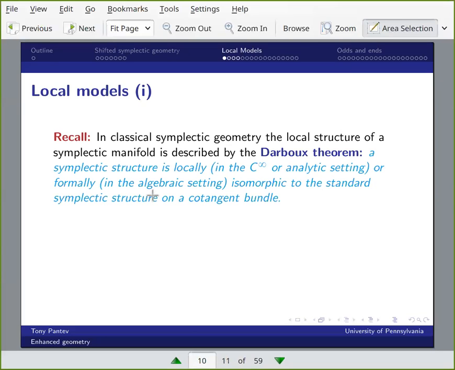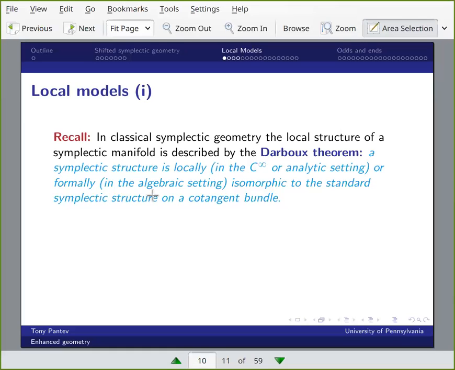That's the Darboux theorem, and it comes in various degrees of generality. In the differentiable context, it holds along the whole Lagrangian, locally near the Lagrangian. In the algebraic setting, it's locally formally or étale locally, and in the analytic setting, it's locally analytically.